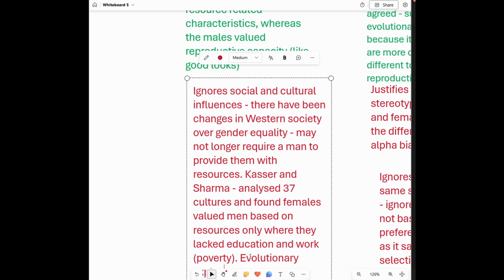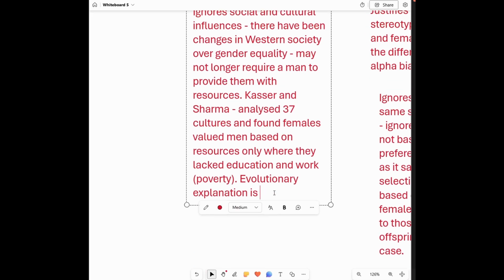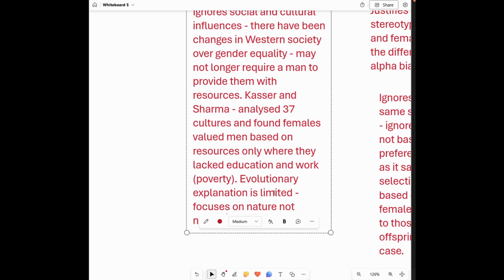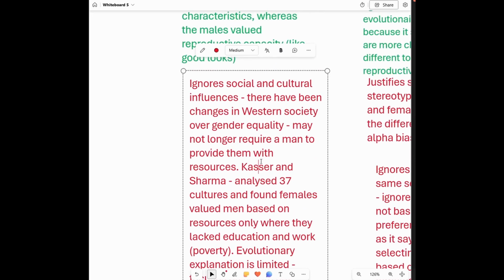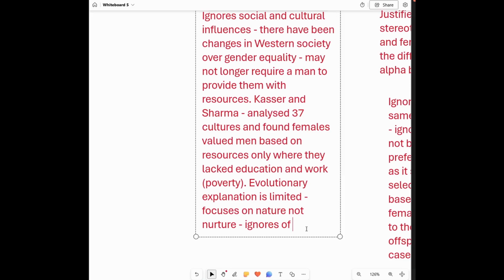Okay, so basically it's saying that the evolutionary explanation is limited. It focuses on nature. It ignores the effects of the environment on relationships, such as cultural influences like social media.